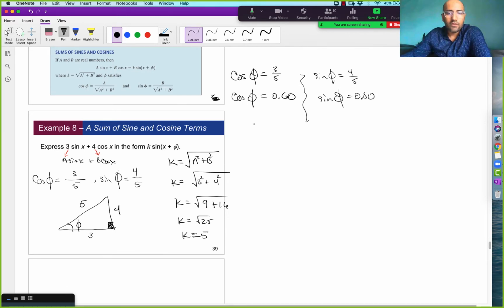Anyway, okay, so if we just use our cosine inverse of cosine of phi equals cosine inverse of 0.60.